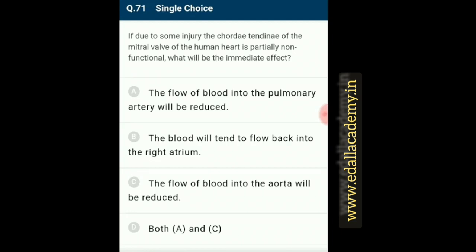The bicuspid valve is the valve in the heart between the left atrium and left ventricle. The valve opens to allow blood flow from the atrium into the ventricle. Thus, if the bicuspid valve is partially non-functional, then the blood will flow back into the atrium, thus reducing the flow of blood into the aorta. So the answer is option C. The flow of blood into the aorta will be reduced.